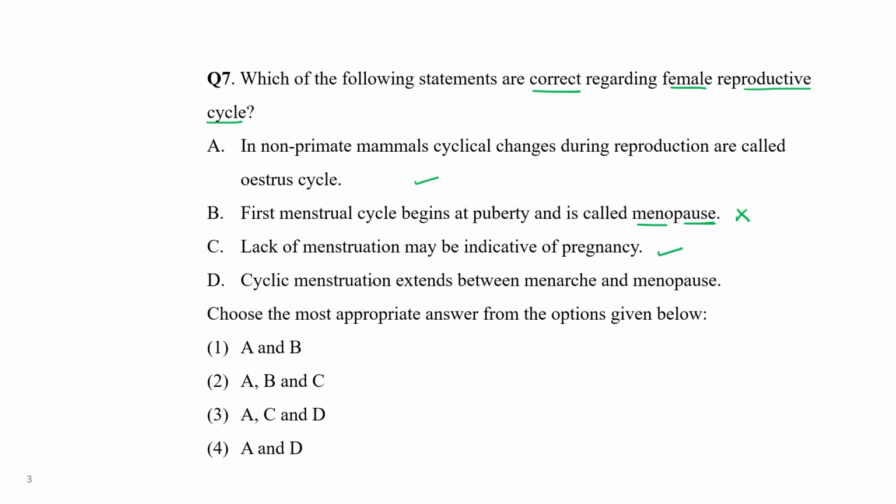Correct, because if the fetus is implanted, degradation of the endometrium does not occur. And fourth, cyclic menstruation extends between menarche and menopause. Yes, this is again a correct statement. So B is the wrong option, and the rest, A, C and D, are correct. These three are present in the third choice, so the third choice would be the correct answer.